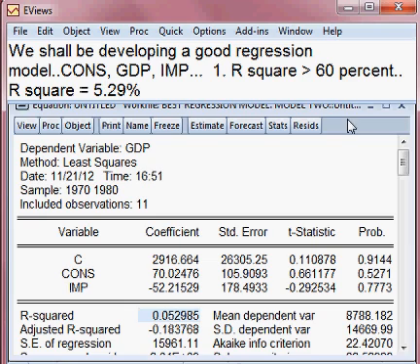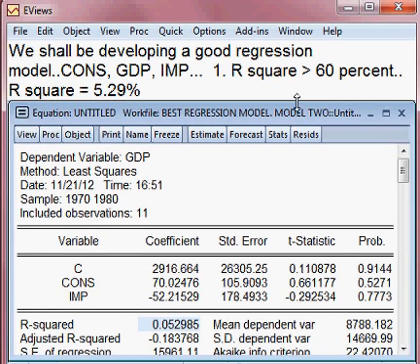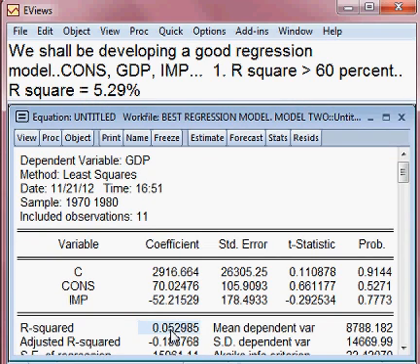Okay, what does it mean, 5.29% R square value? It means that the GDP is the dependent variable. This GDP depends on independent variables such as consumption and import.